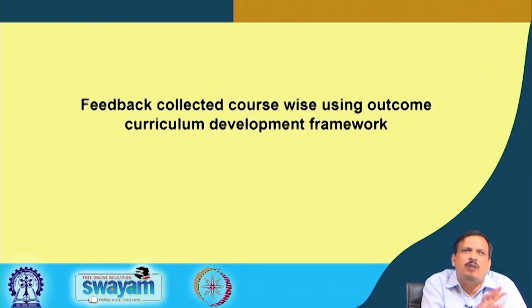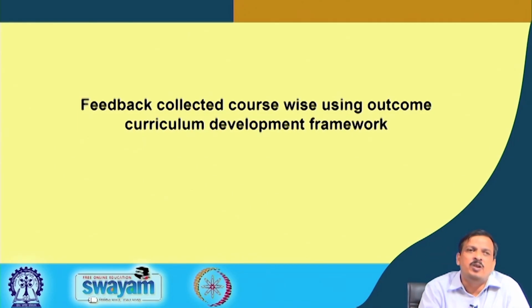Not how to fill up the SAR, I am not talking about that at all, although that information may be helpful. I am saying how to implement NBA in the classroom, how to use outcome based education in the classroom, how to find the feedback loop. So attainment calculation in our case has the purpose of finding the refinement of the course.